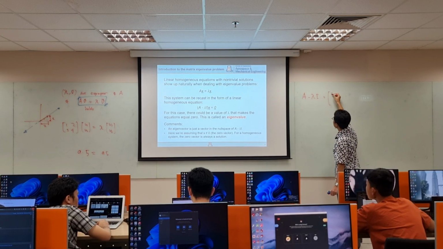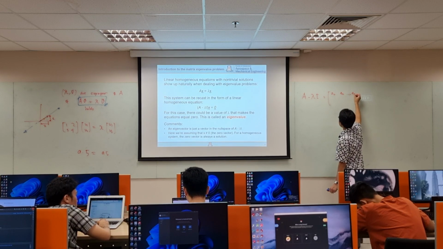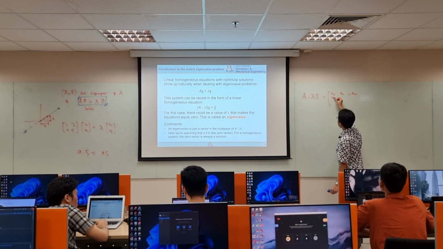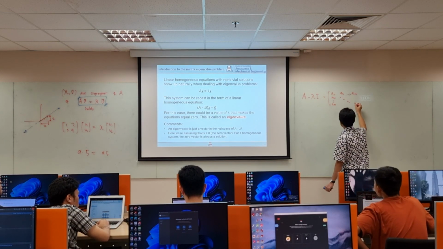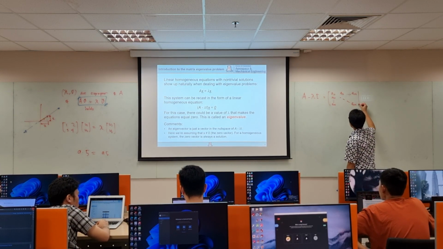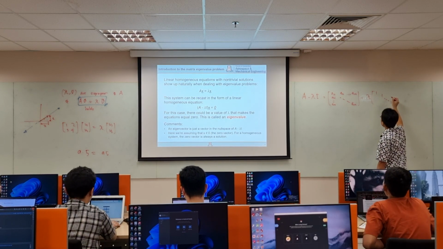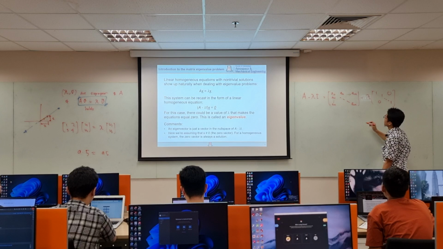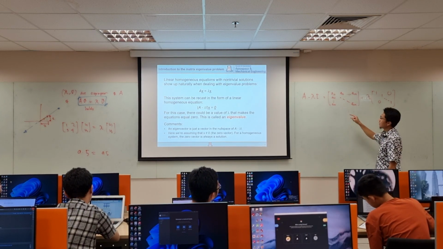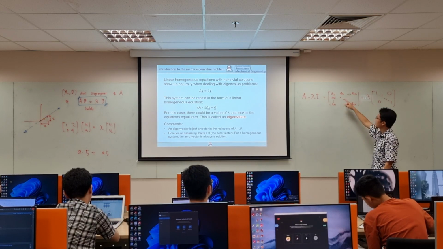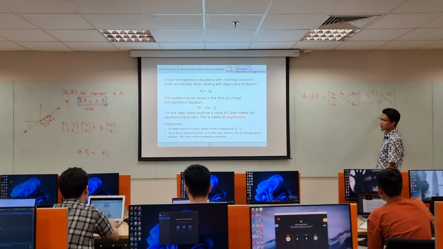When you have a square matrix minus lambda times identity, we have a random matrix A minus lambda times identity.